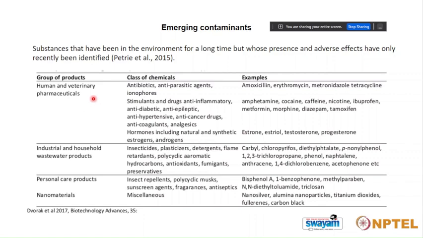Basically, they can be classified as pharmaceuticals, which are used for both human and veterinary applications. These include antibiotics, antiparasitic agents, ionophores, different anti-inflammatory drugs, anti-diabetic and anti-epileptic drugs. So almost all the pharmaceuticals we use in our day-to-day life.